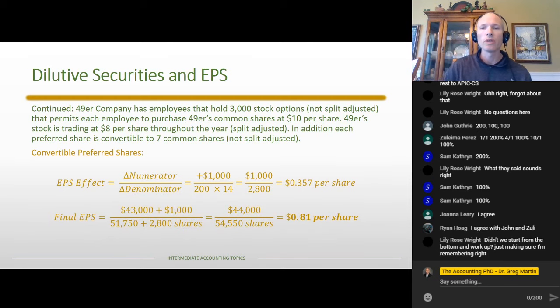And so when we do that, we have an increase in the denominator and an increase in the numerator. The new numerator is 44,000, and the new denominator is 54,550 shares. And so our final diluted earnings per share is 81 cents per share.